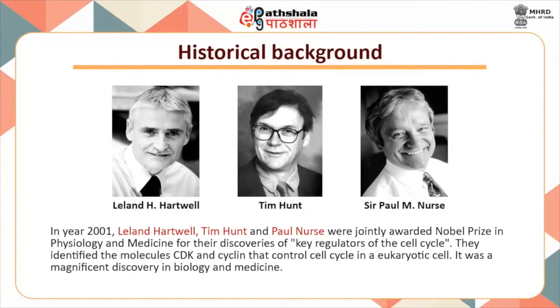In a recent discovery reported at the beginning of the 21st century, three scientists, Leland Hartwell, Tim Hunt, and Paul Nurse, were jointly awarded the Nobel Prize in Physiology or Medicine for their discoveries of key regulators of the cell cycle.